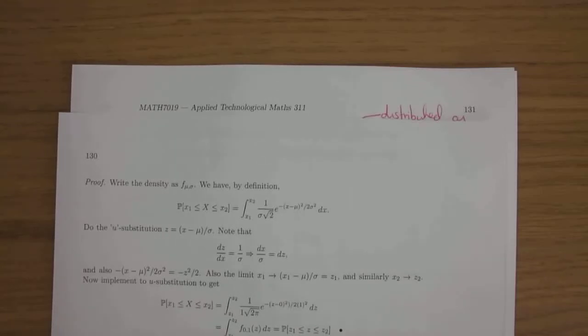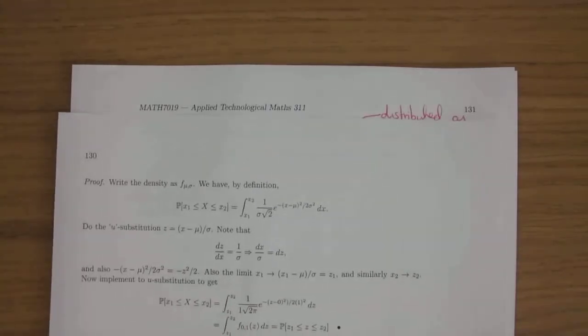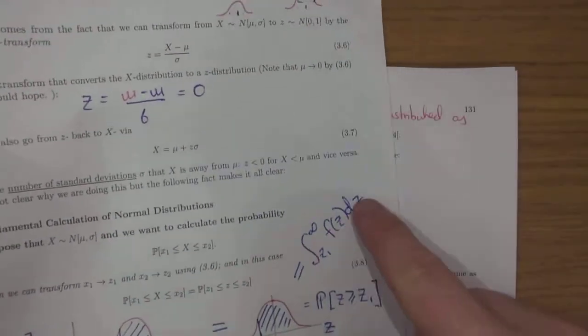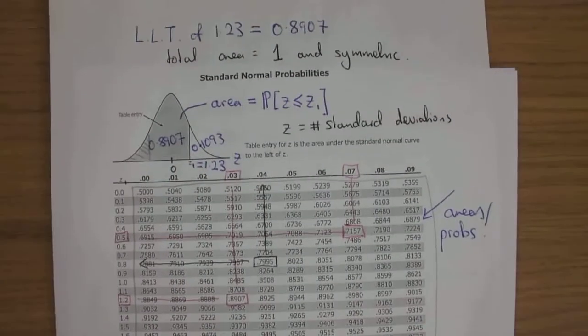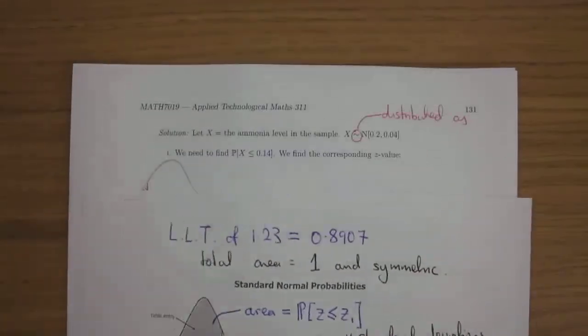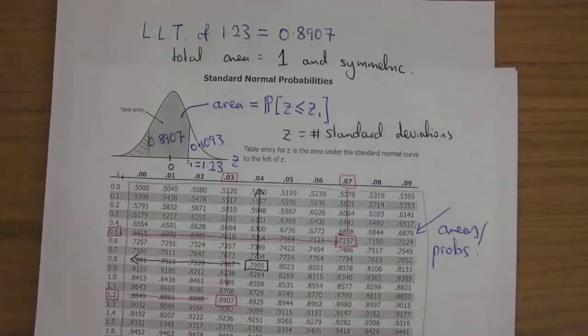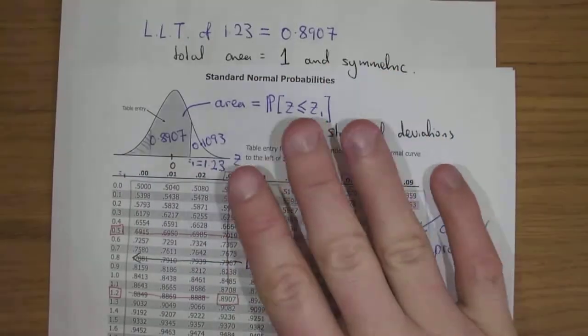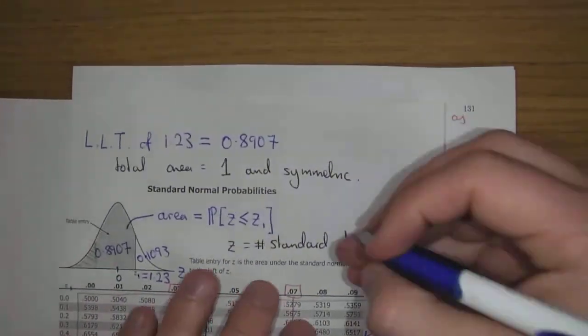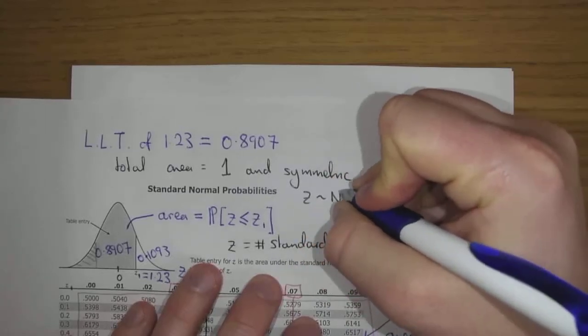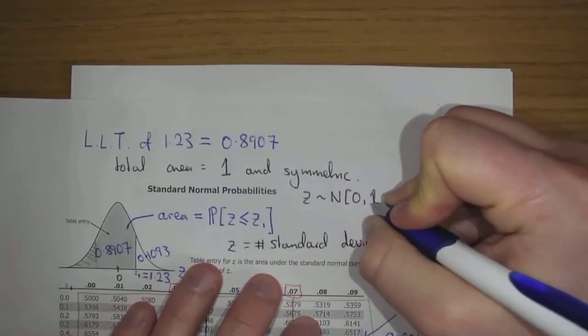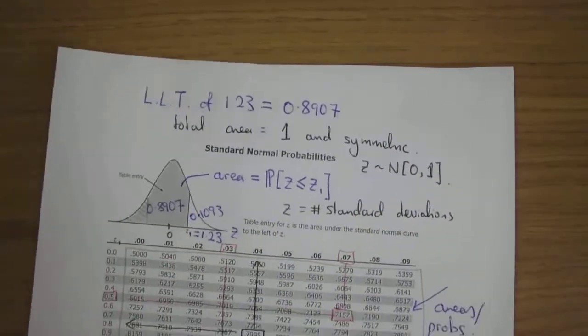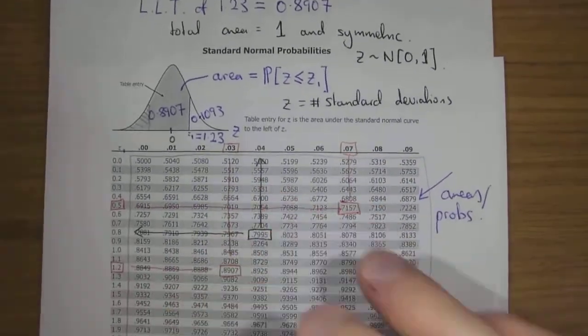So we translate it into a problem about Z. You still can't calculate that, but we have a handy table. Basically, you relate every question about a normal distribution back to this Z, which is normally distributed with an average of 0 and a standard deviation of 1. And the probabilities surrounding Z are on this table.